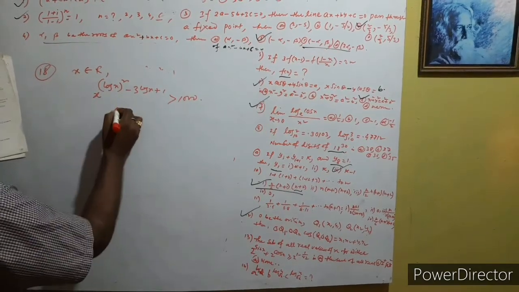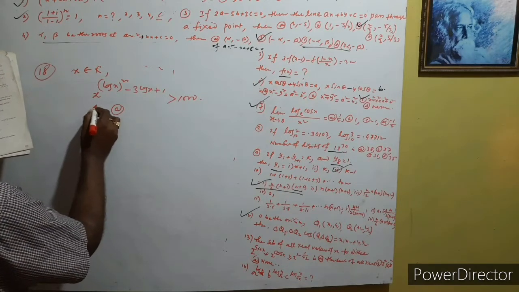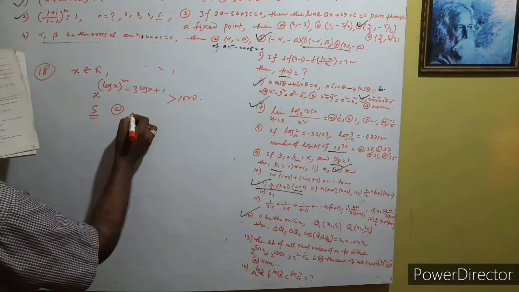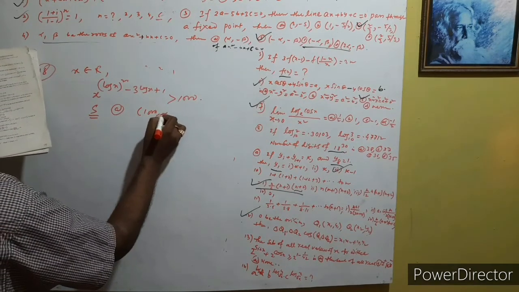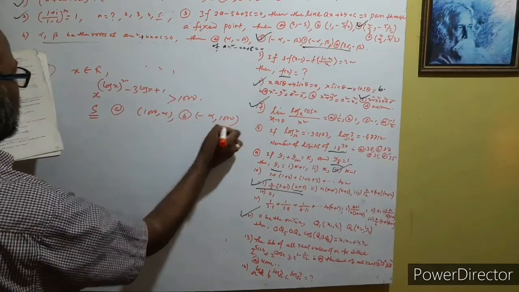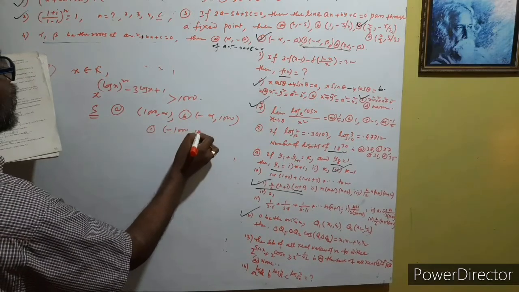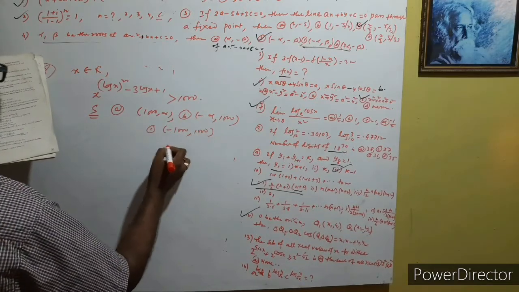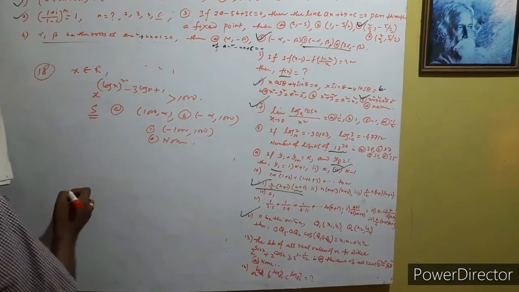Now the options: A is 1000 to infinity, B minus infinity to 1000, C minus 1000 to 1000, and D none. What is the set of all solutions?